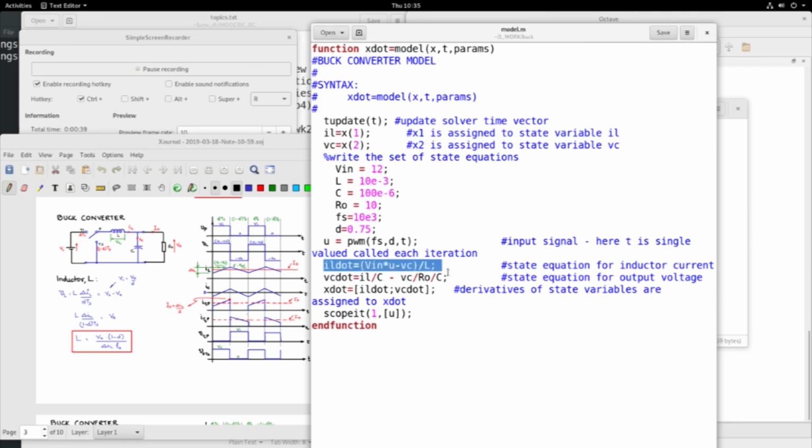Let me bring your focus to these two lines here. They are basically representing the dynamic equations of the buck converter.